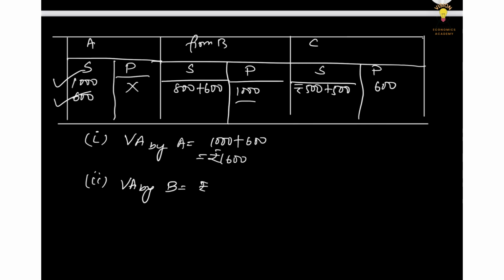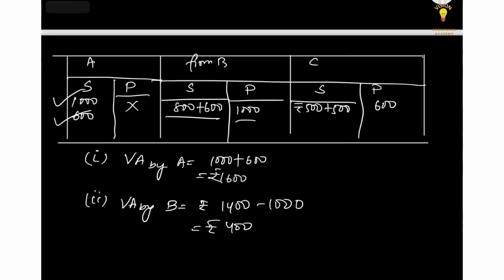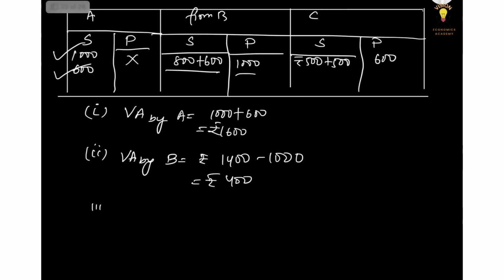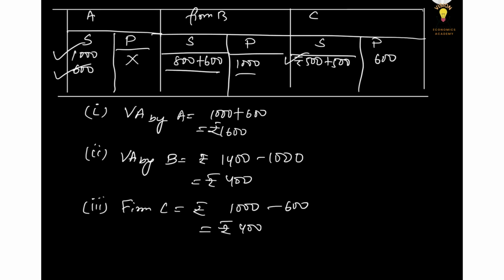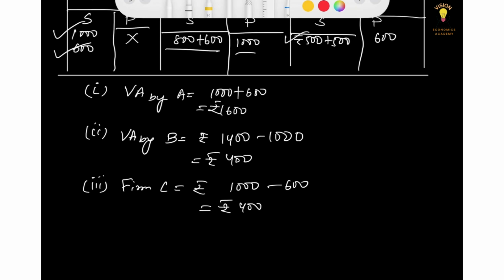So 800 plus 600 is 1400, minus 1000 will give us rupees 400. Now firm C, rupees 1000 minus intermediate cost of 600 will give us again 400. All right, now we have got the value added of all three, A, B and C.